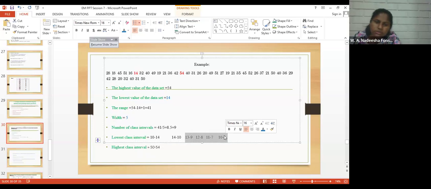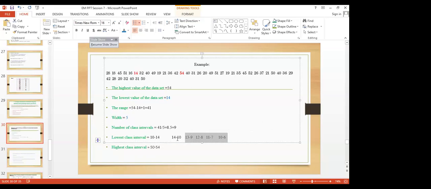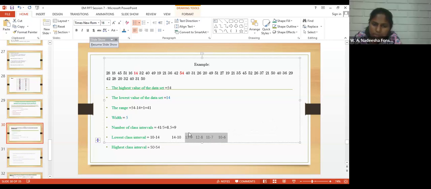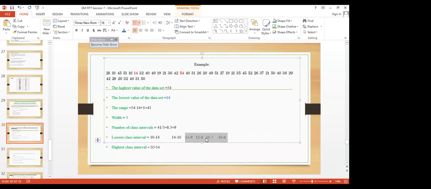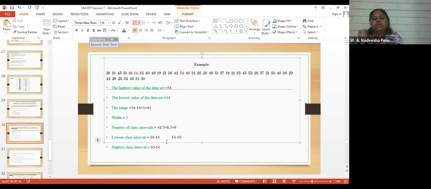Why? We have to suggest the class intervals that include 14. Within 14. So 13 to 9, 12 to 8, there is no 14 here. So no need to. We have to consider only these two, 10 to 14 and 14 to 10.